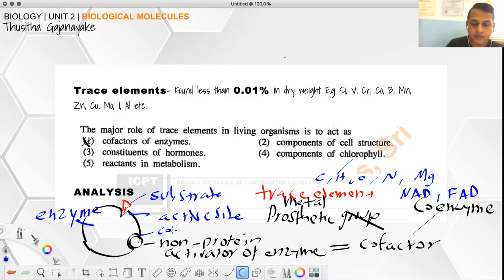Cofactor binding site. So you can write this down under the analysis section. That means we analyzed this question and we gathered the knowledge required to answer this question, and this knowledge is required in the enzymes.